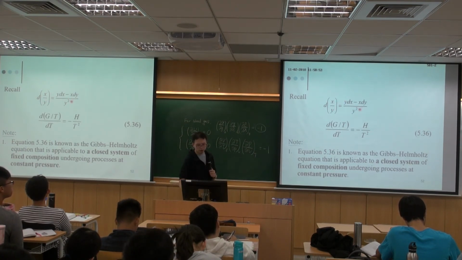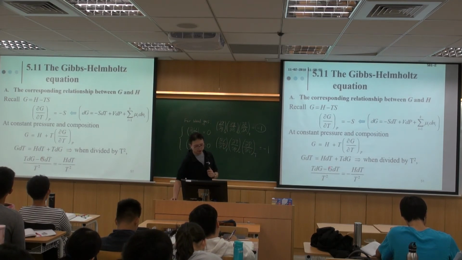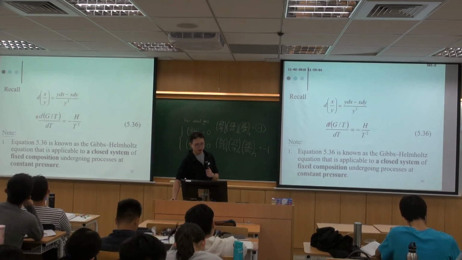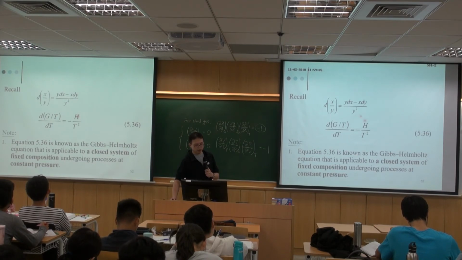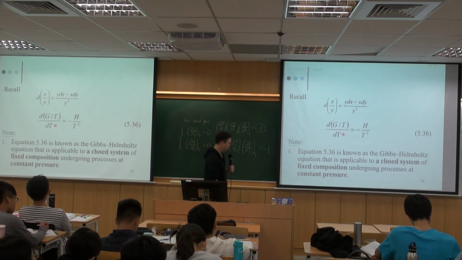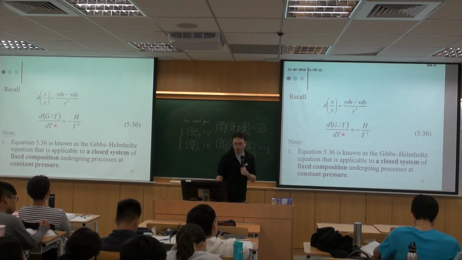The reason why we simplify this as something like this is because we want to use this to simplify the expression. But the bottom line is that you end up with the expression of this Gibbs free energy and enthalpy as a function of temperature.